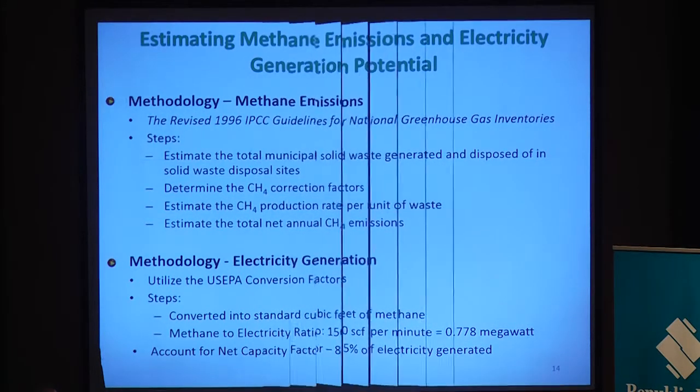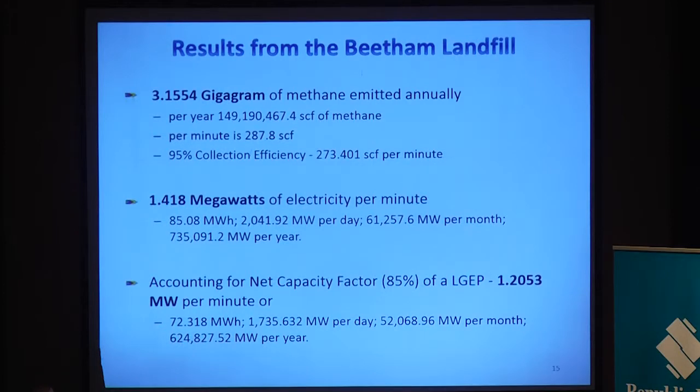And the results are as follows. For the Beetham landfill, it is estimated that 3.1554 gigagrams of methane is emitted annually. And this boils down to 1.418 megawatts of electricity per minute that can be generated if you capture the methane and combust.